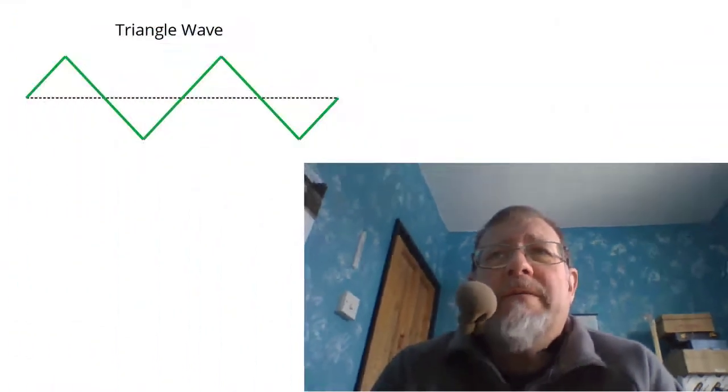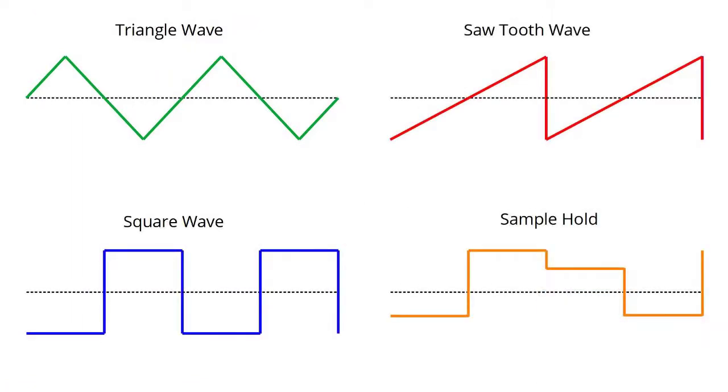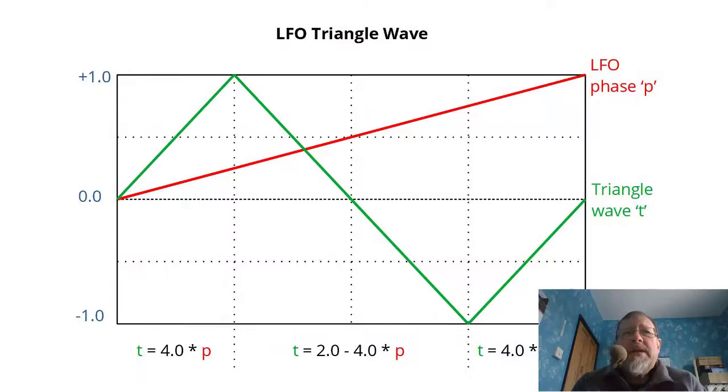Right, shall we have a look at an LFO? There are lots of waveforms and nice features that we can incorporate into an LFO, but for now we're just going to go for the most popular waveforms: triangle, sawtooth, square and sample hold. So first let's generate some waveforms.